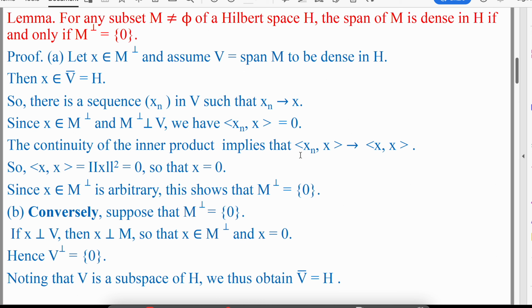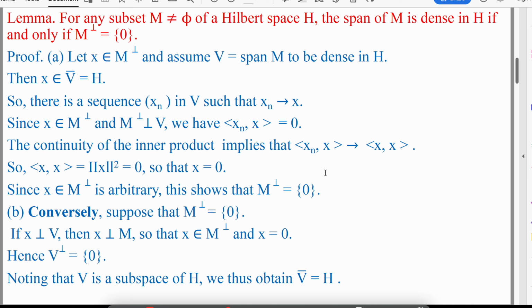It means the inner product of xn with x tends to the inner product of x with x. But this inner product of x with x is the norm of x squared. Because this is 0, this is also 0, and it means norm x equal to 0. It means x is equal to 0. So x was any element of the orthogonal complement of M, which is 0. It means the orthogonal complement of M is the singleton set 0.